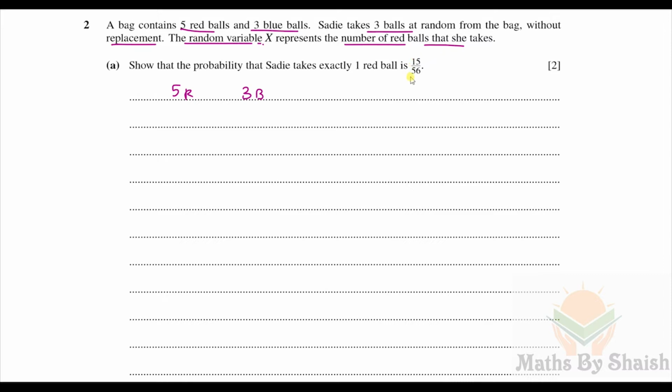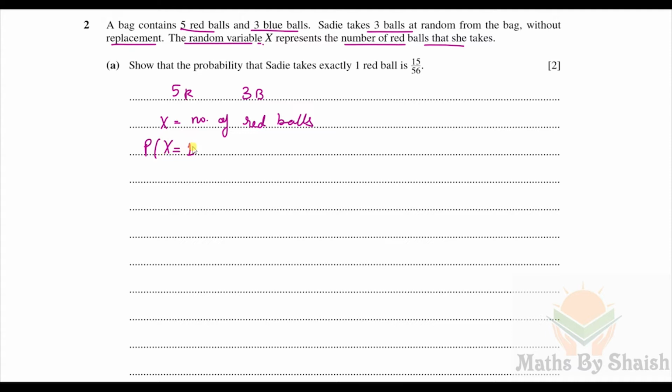So x is going to be the number of red balls, and she is going to take 3 balls. So we need to find probability of x equal to 1.